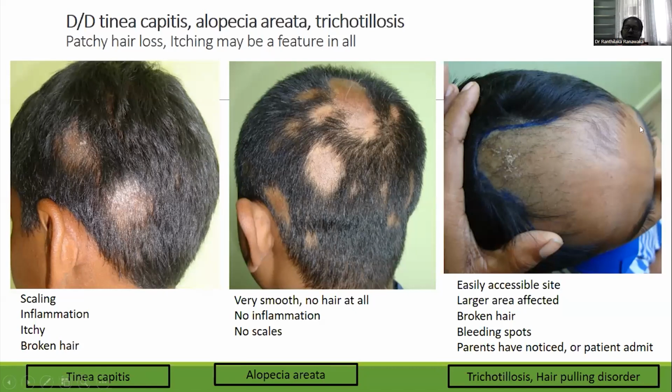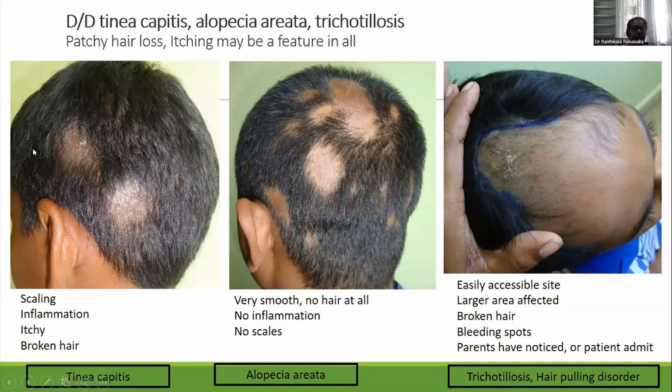But initially this is not considered a psychiatric or psychological illness, right? All these three start as patchy hair loss. Itching may be a feature in all.